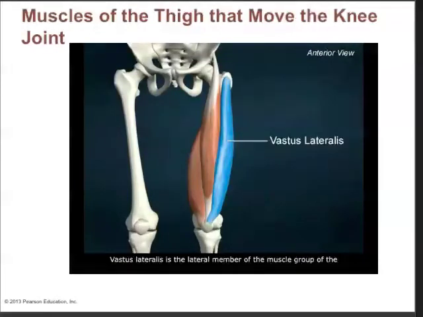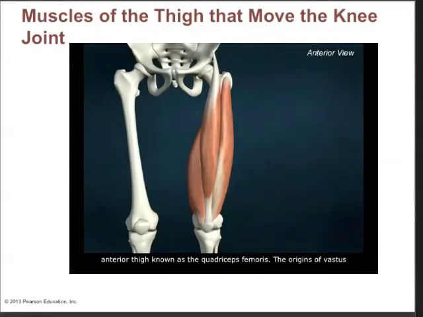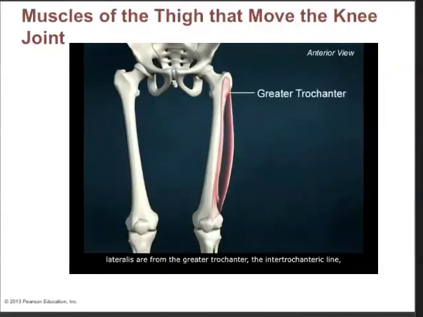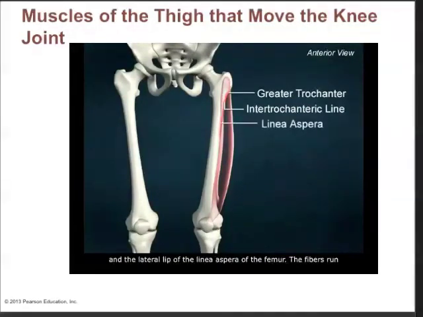Vastus lateralis is the lateral member of the muscle group of the anterior thigh, known as the quadriceps femoris. The origins of vastus lateralis are from the greater trochanter, the intertrochanteric line, and the lateral lip of the linea aspera of the femur.